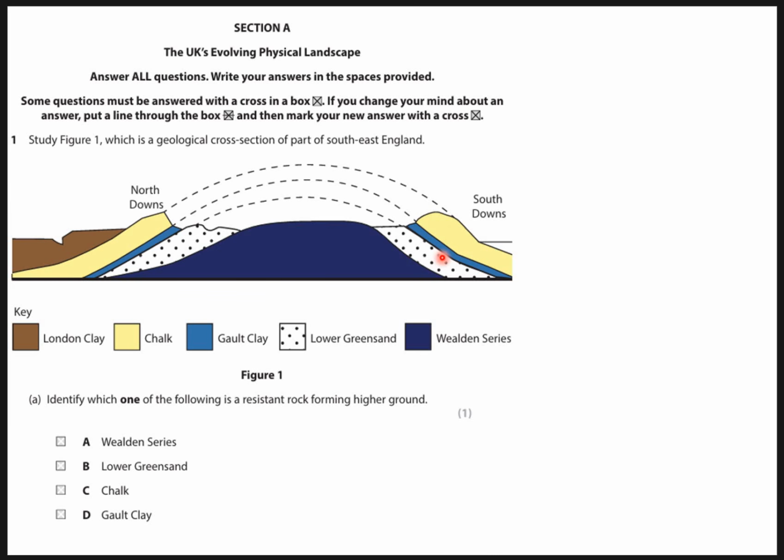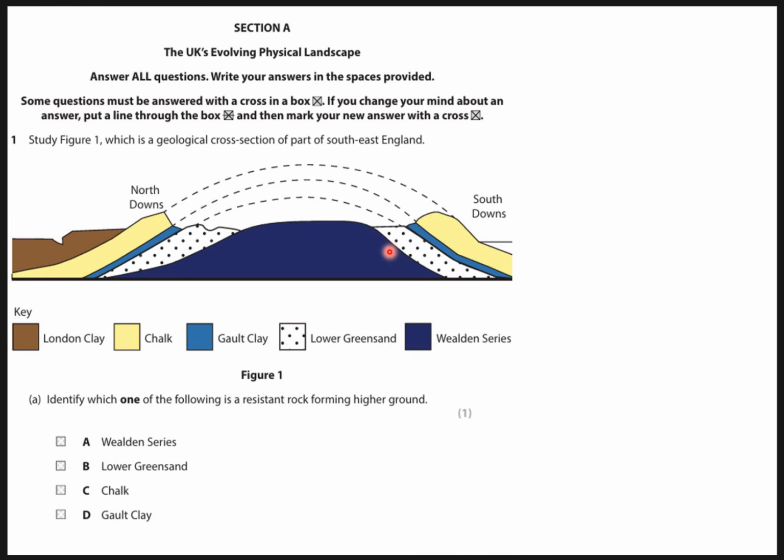So when we need to answer this question, you need to identify a resistant rock that forms higher ground. Which one of the following is a resistant rock forming higher ground? The first clue really is the shape of the landscape. The highest parts of this cross section are the North Downs and the South Downs. These areas are in yellow, either side there.